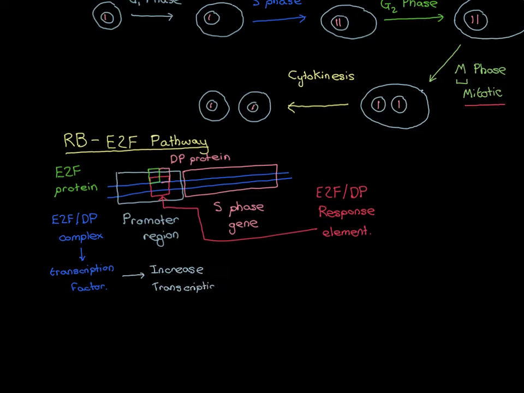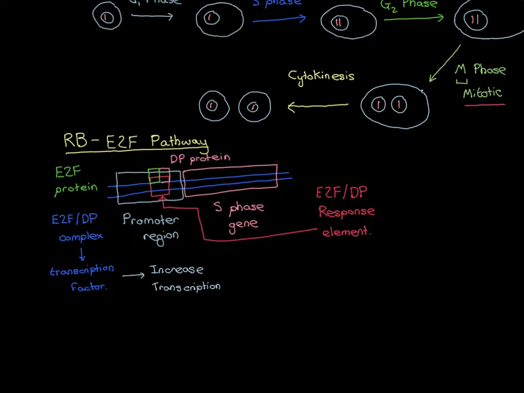You'll end up with more protein as well. Right, so this looks brilliant. We have a mechanism then to control the expression of S-phase genes. We just need to produce these E2F DP complexes, let them loose on the DNA, let them bind to their E2F DP response elements, and let them increase the expression of all of the S-phase genes.